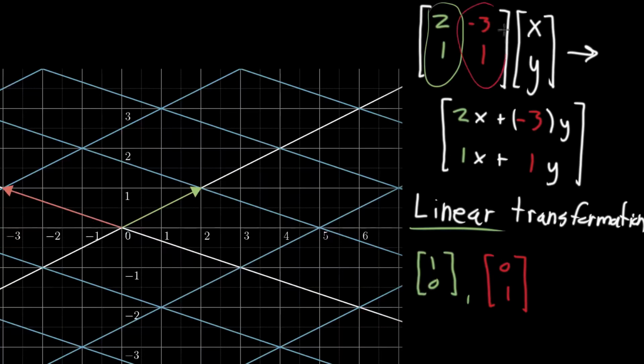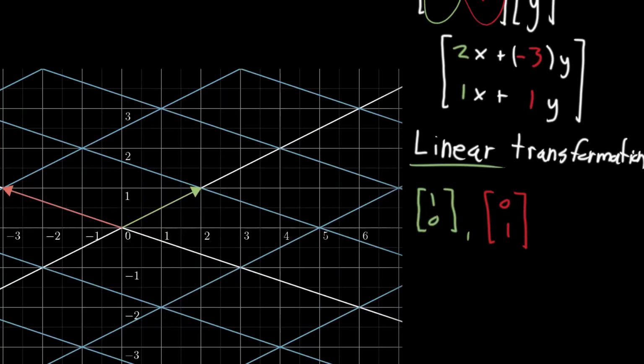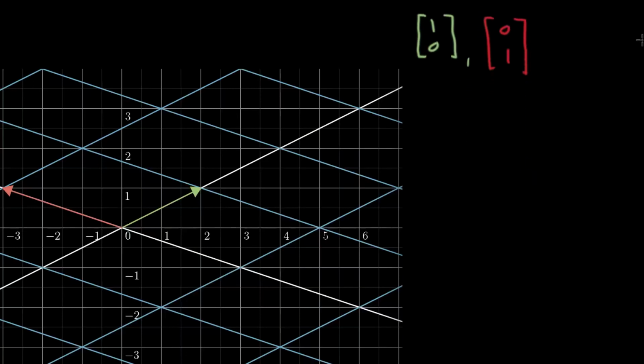And that corresponds with the fact that the next column is -3, 1. It's actually relatively simple to see why that's true. Here, I'll multiply the matrix, which I can just read off here as 2, 1, -3, 1.